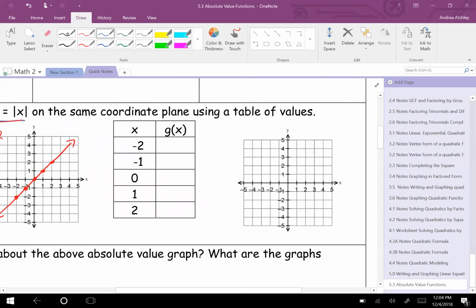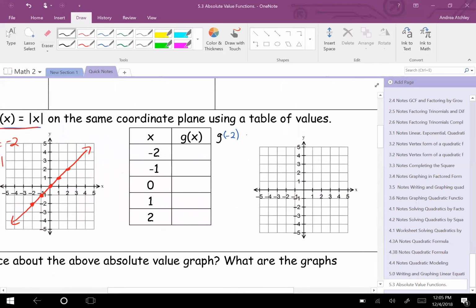So when I have g of -2 equals the absolute value of -2. Class, what's the absolute value of -2? 2. Okay.